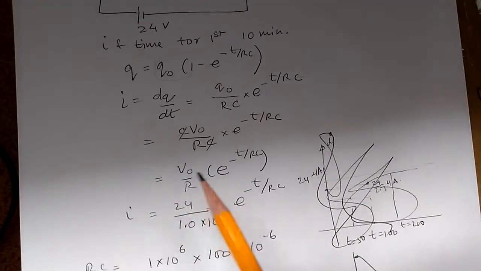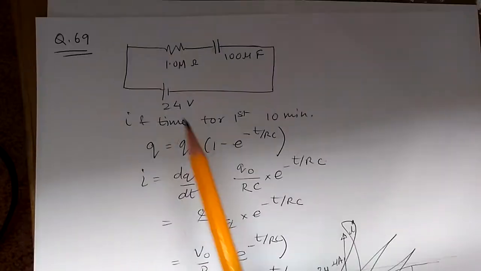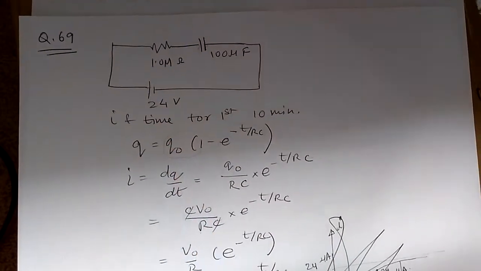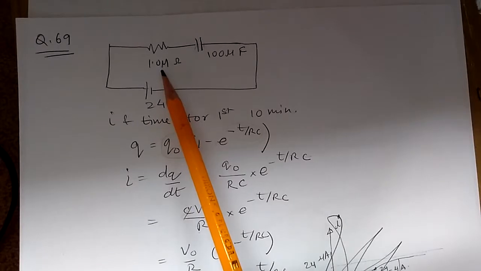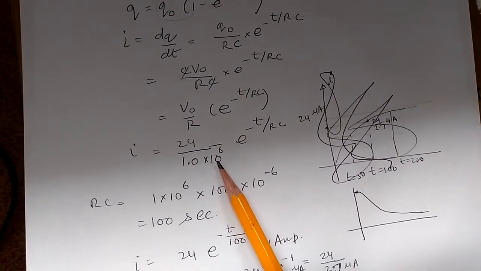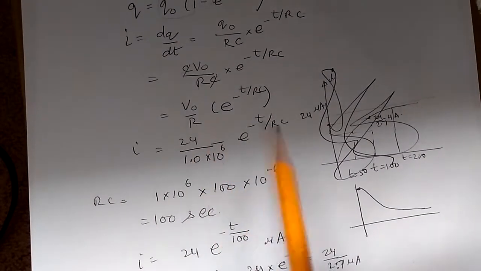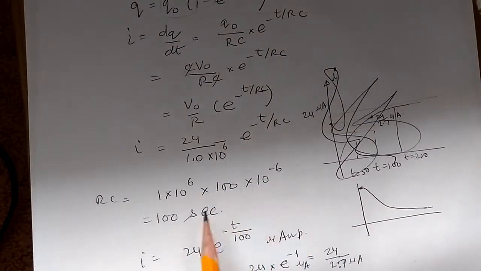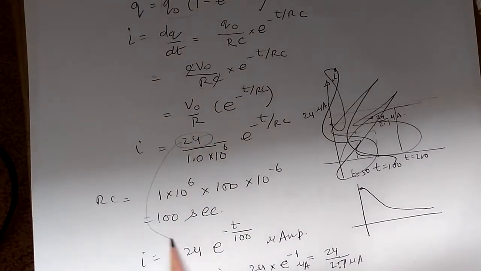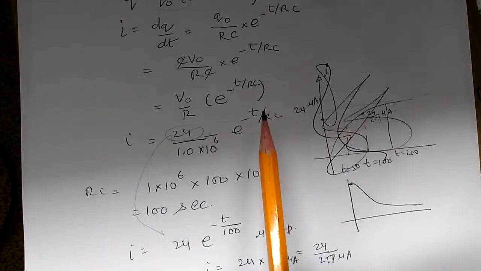Let's call it I naught. We can calculate it as V given as 24 volt and R given as 10 to the power of 6 ohms, so we can say it is 24 microampere, and I is equal to 24 e to the power minus t by RC.